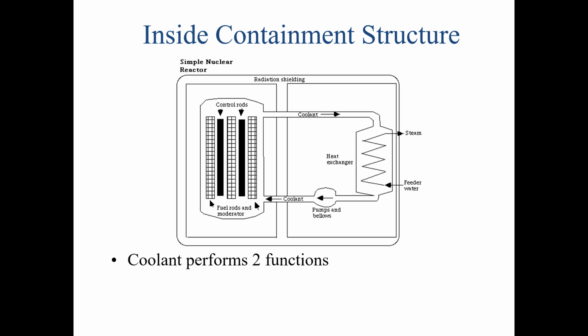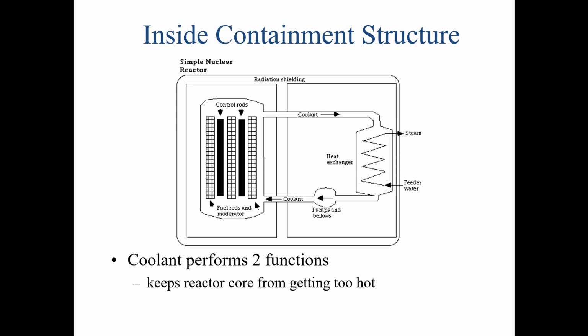In this particular structure, the coolant performs two functions. The first function is that it keeps the reactor from getting too hot. The fission reaction is being performed, and as a result it can get hotter and hotter with the passage of time.